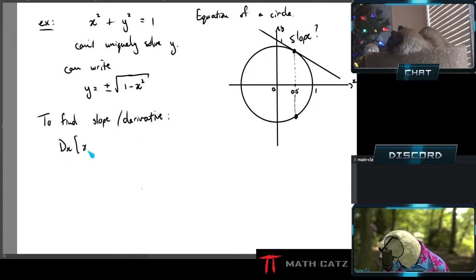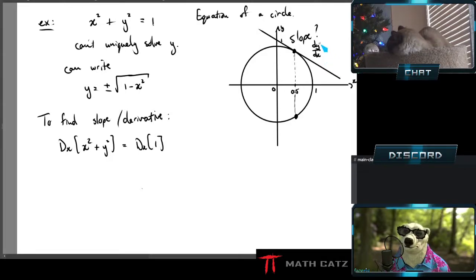Derivative of the left-hand side equals derivative of the right-hand side. The slope is dy dx at that x value, right? Still the derivative. I'm trying to find it. Implicit differentiation allows me to find it when I can't solve for x.